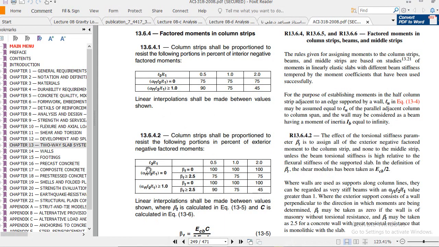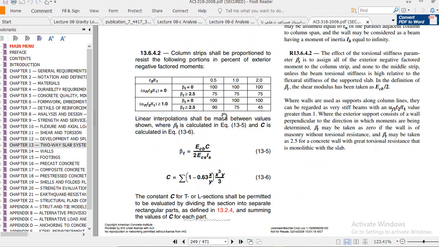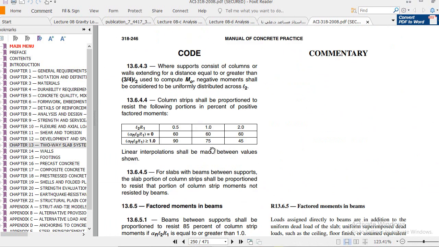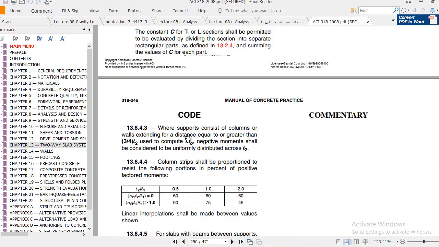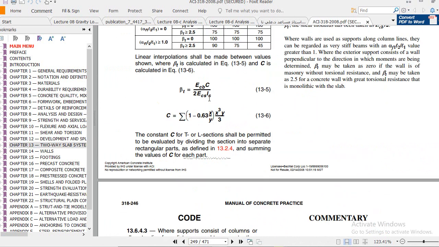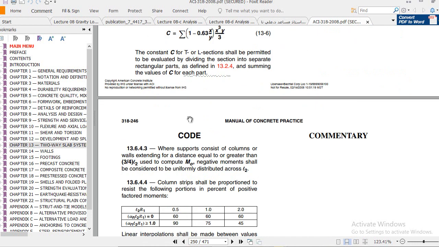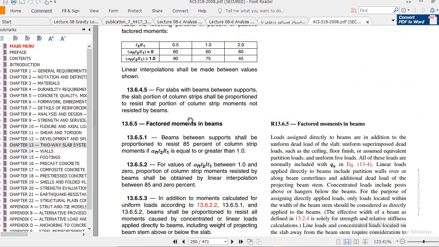So you will understand how to use those tables, what beta means and what alpha means, and here you see what is beta and what is C. I already explained this term C, which is the torsional constant, so it will further help you. At the end of the Nilson book, in the appendix, you will find these tables as well.